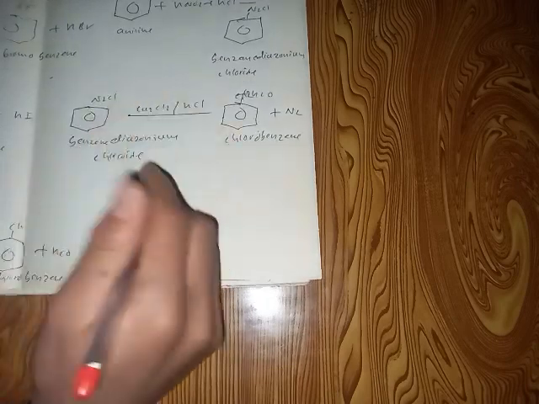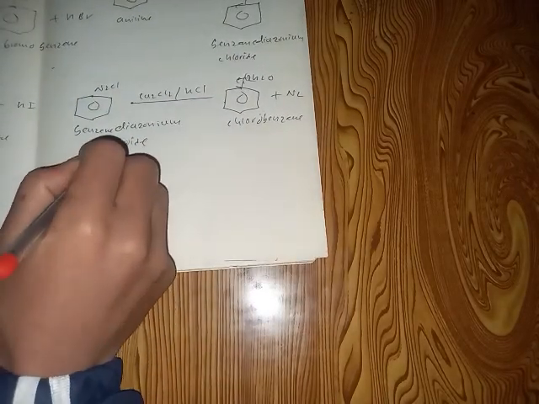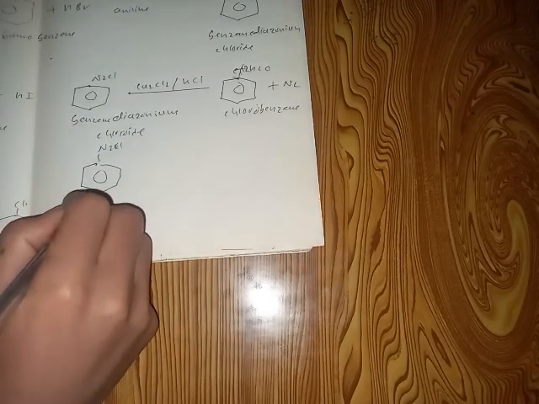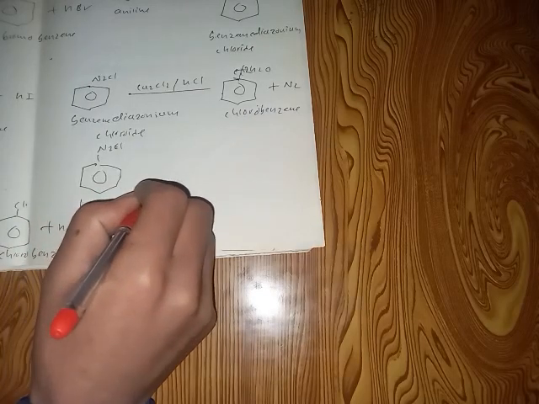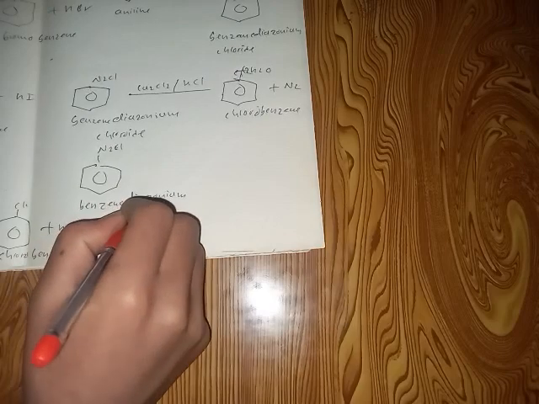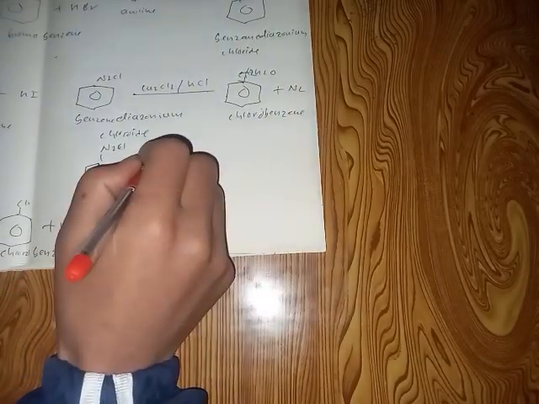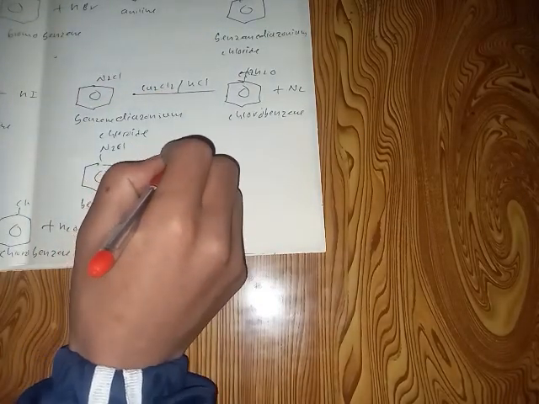And another reaction. N2 Cl. The name of this compound is benzene diazonium chloride, and treated with a freshly prepared warm solution of cuprous bromide.